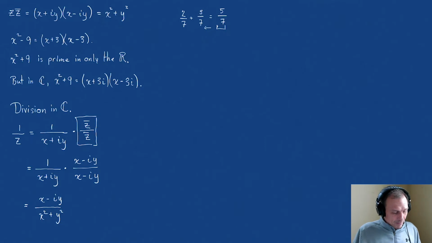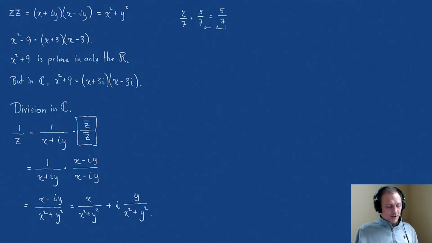In other words, this is really two fractions: x over x squared plus y squared, plus i times y over x squared plus y squared, with a minus on the imaginary part. Whoa, now watch what we can write.